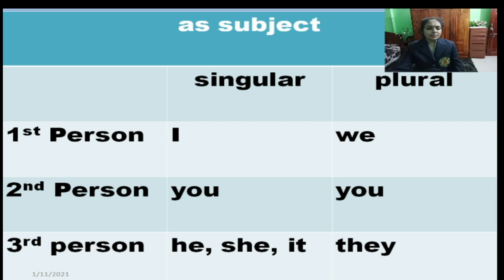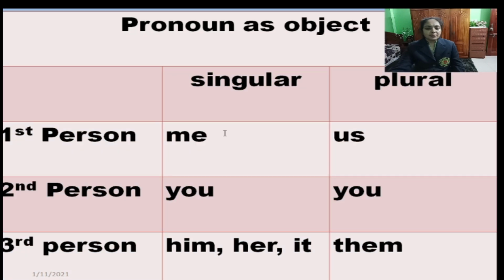Now let us know about the objective forms of these pronouns. I changes into me and we changes into us. In second person, you does not change at all, in singular, plural, subjective form, or objective form.